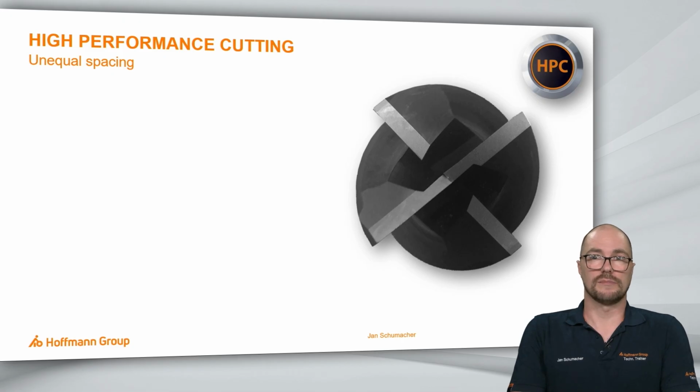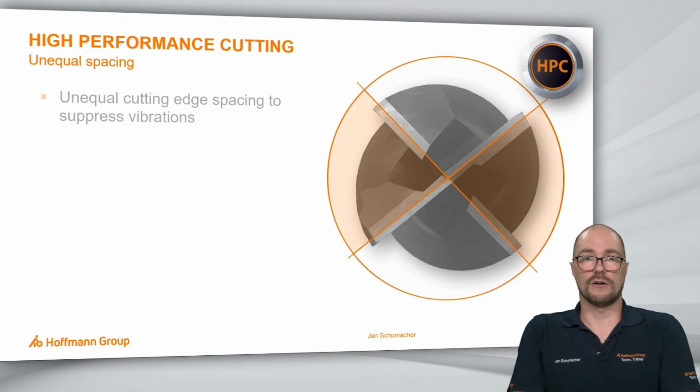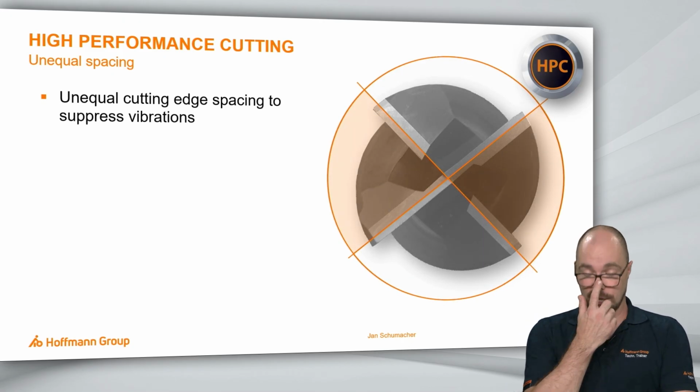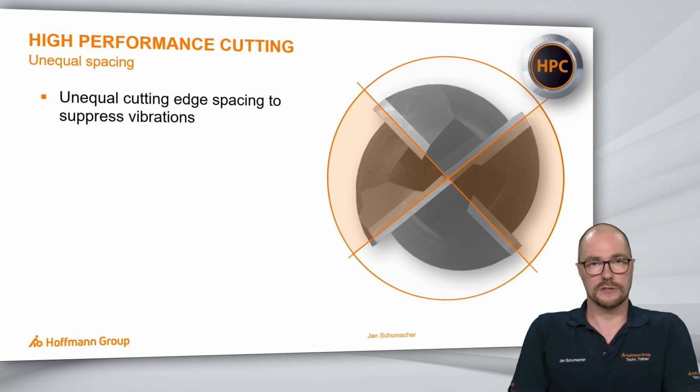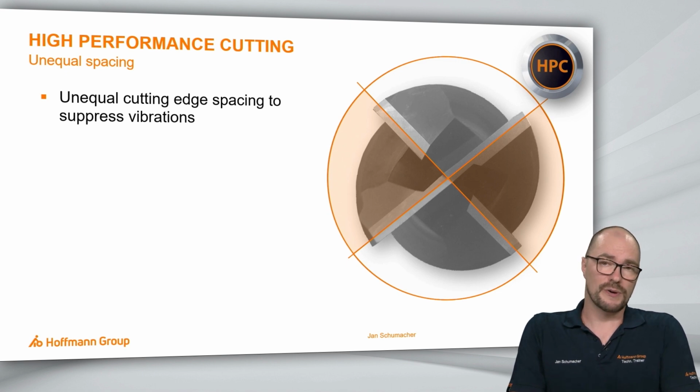Most tools, better to say all of them, come with unequal spacing. Unequal spacing helps a lot to suppress vibrations. Unequal spacing was first introduced with reamers, where it helped to improve surface quality. The same effect we have here.